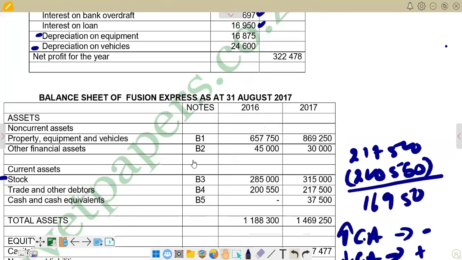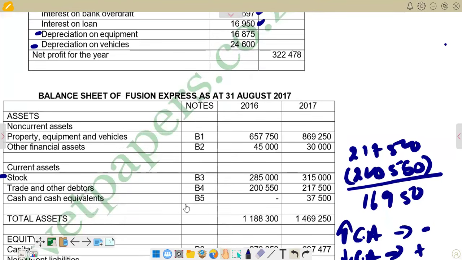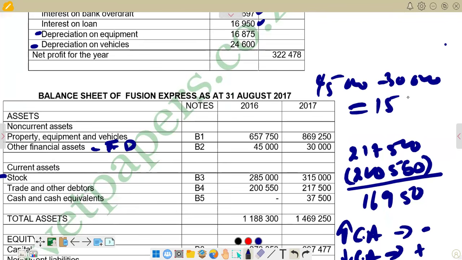If you come here, you see that the fixed deposit is under other financial assets. So this is our fixed deposit. It's a movement from 45,000 to 30,000, which means it was reduced. Remember, if there's a reduction in fixed deposit, it's a positive. So we are saying 45,000 minus 30,000, and then obviously we are going to get your 15,000.